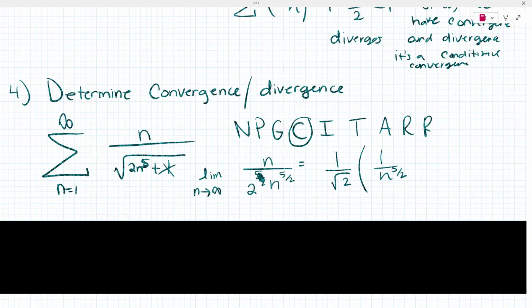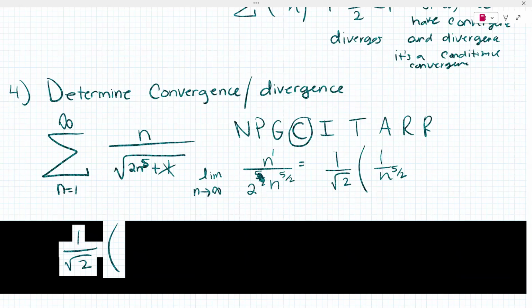Now, did you know we can rewrite this? Now we can rewrite this as a p-series because now you have 1 over square root of 2, and then you could simplify these, n over n to the 5/2, right? Because they're the same letter.